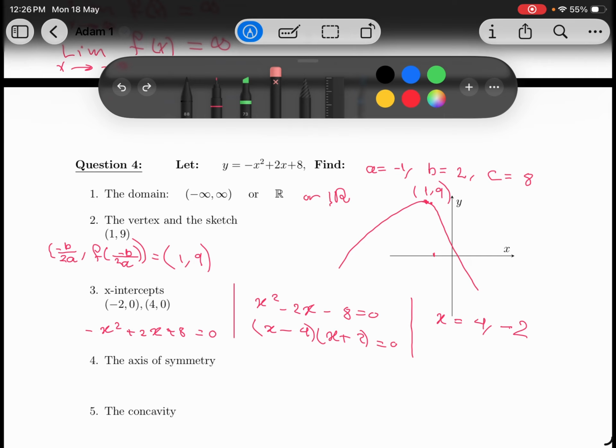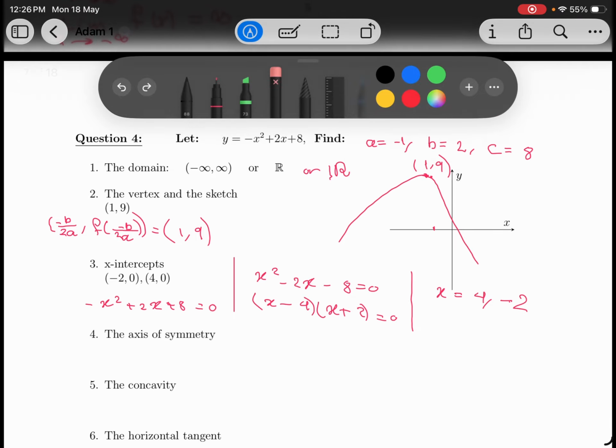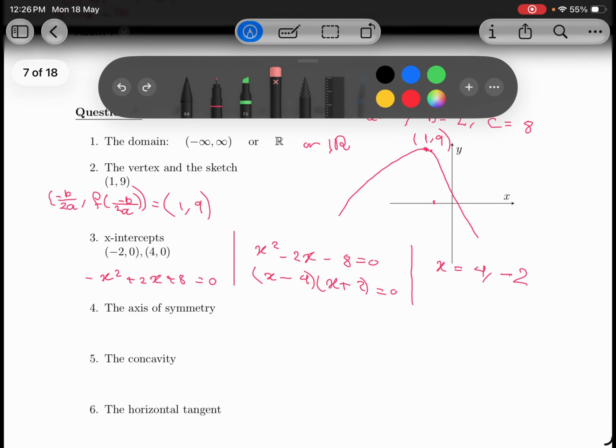So please don't compare this to the sketch you have here, because I told you before, this is very unrealistic, but it's helpful to visualize the problem, and consequently we can easily recognize the maximum, minimum, axis of symmetry, and so on and so forth.